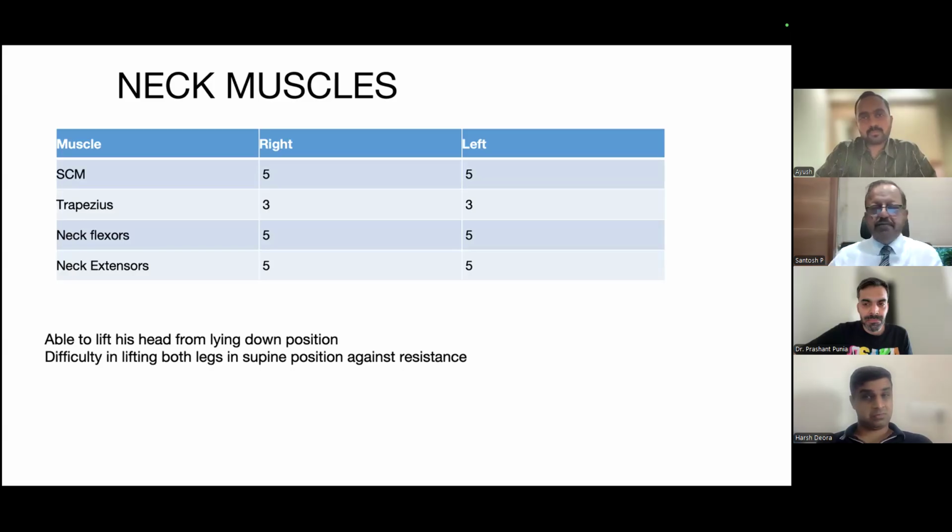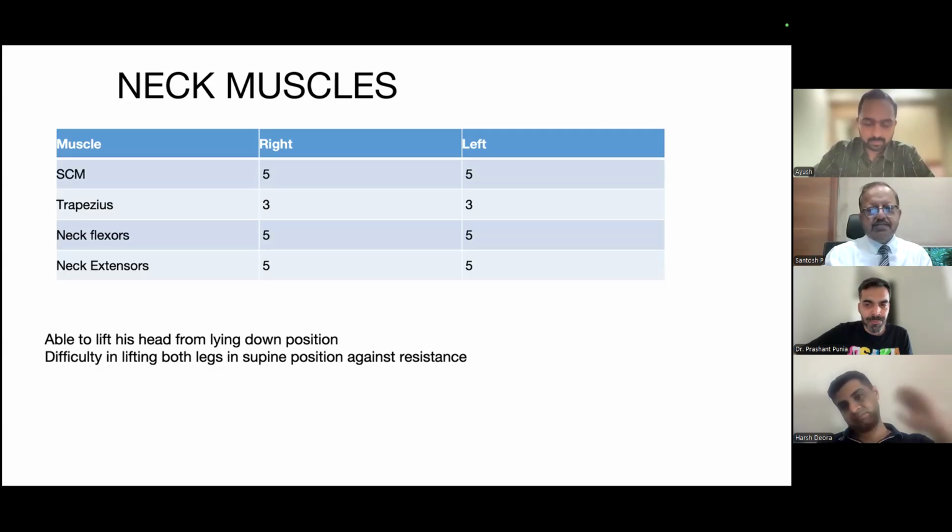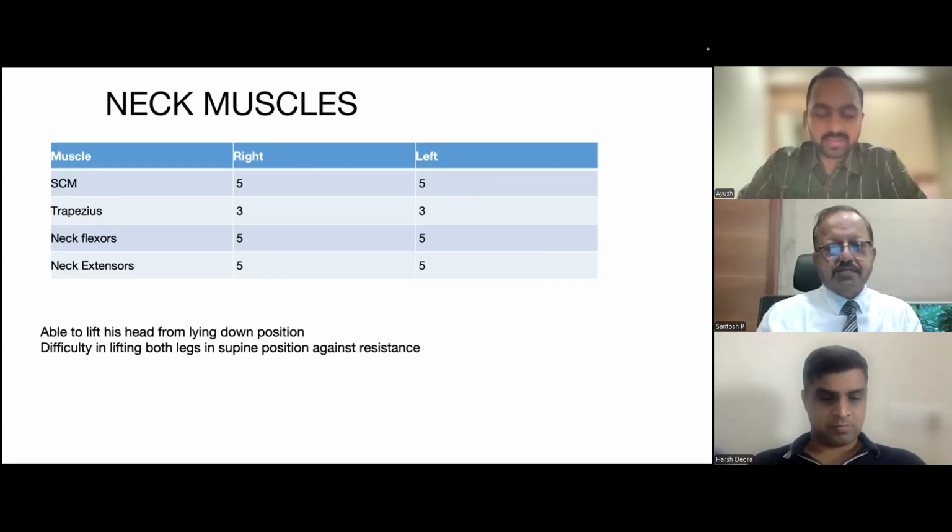So you want to examine the quadratus lumborum by this difficulty in lifting the leg? I'm confusing it with something else. Sorry, sir, wrong answer. As Santosh said a couple of minutes ago, don't say such things in which you will get entangled. You already mentioned the hip muscles and the knee muscles. Why do you want to write such things and get yourself in a soup? Sorry, sir. Understood, sir.